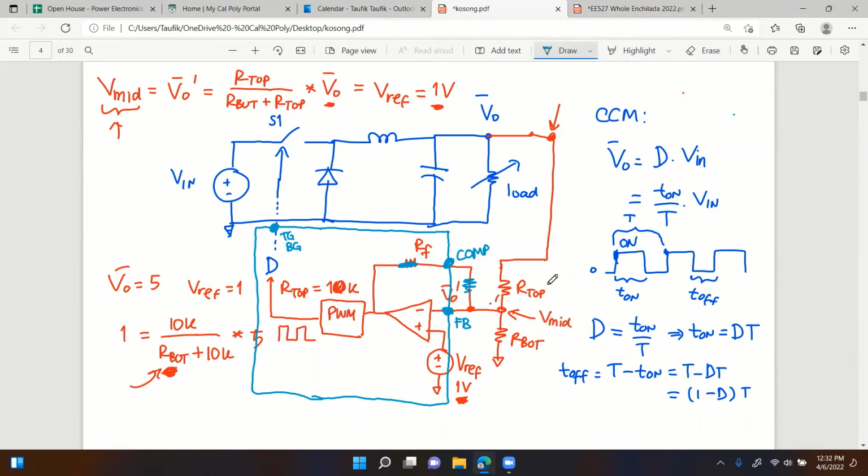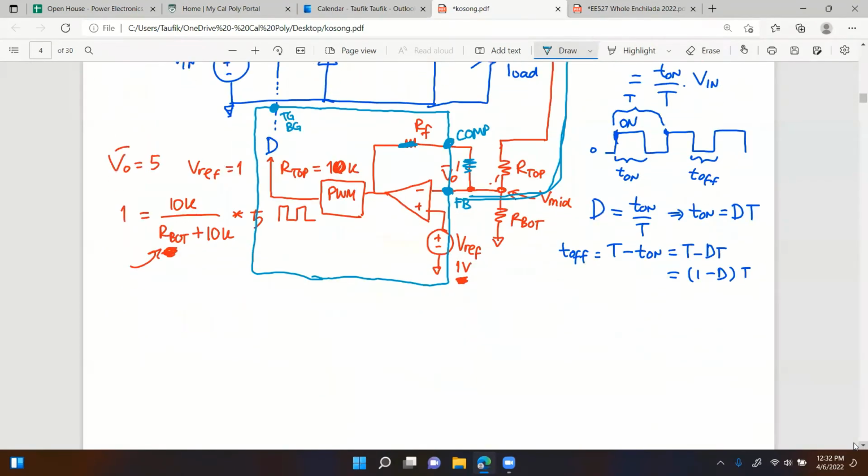Okay. The answer is R top, because that's the path right there. You see the path from the signal? It goes from here, R top, into the controller. When it goes to the controller, it sees R top. Does that make sense? If you compare it with a picture, if I just draw a picture of the op-amp amplifier, it's going to look something like this.